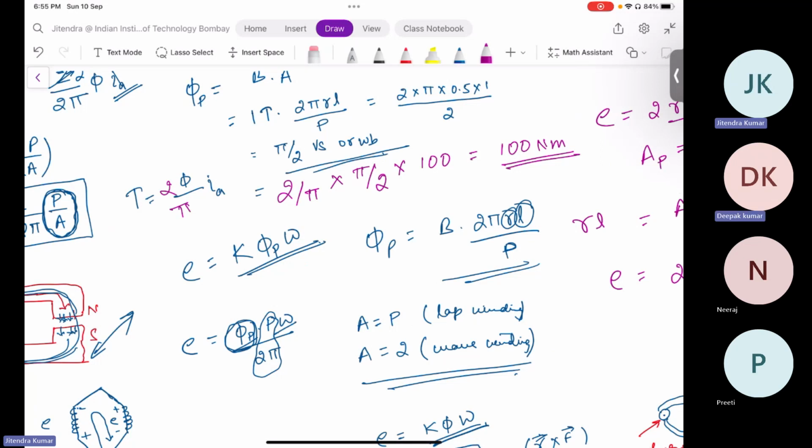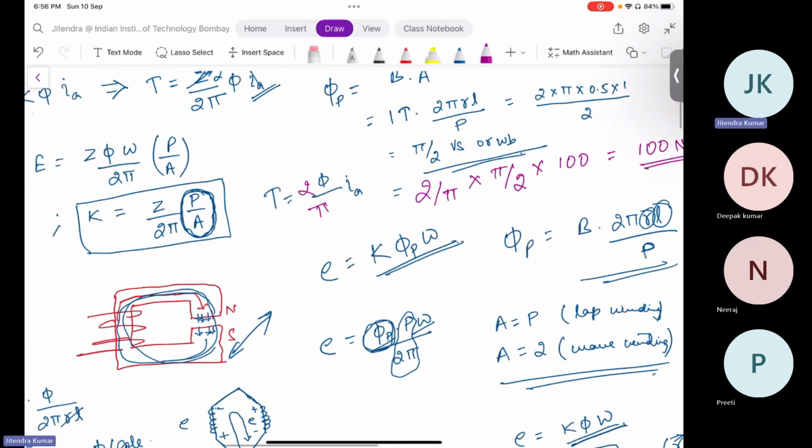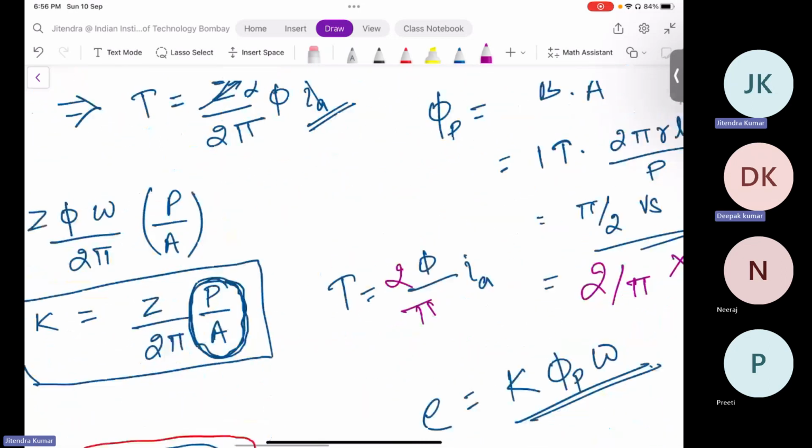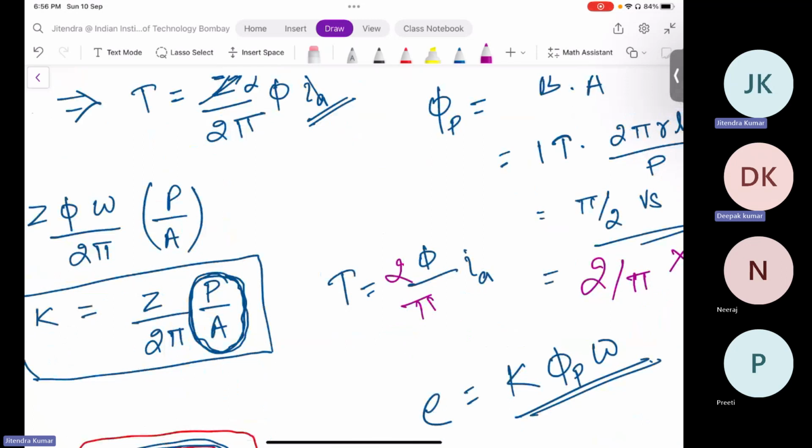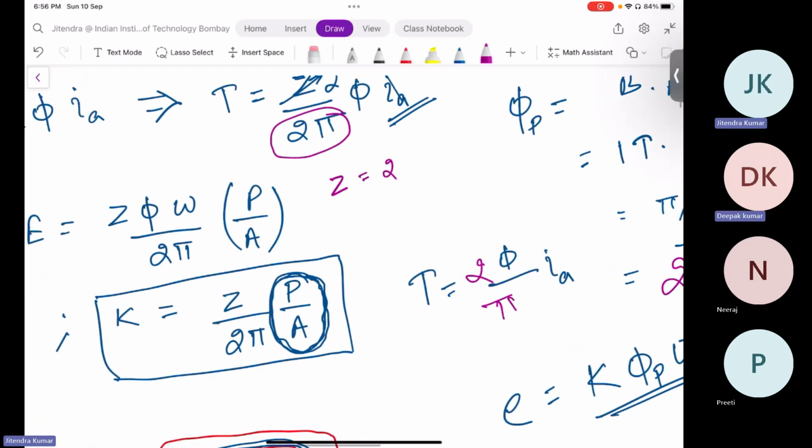Any doubt, sir, in this? From the expression of K, it is also coming 1 by pi. Let me see. K is equal to Z by 2 pi into P by A. So Z is equal to 2, and this is 2 pi.